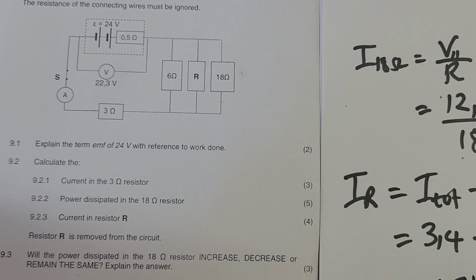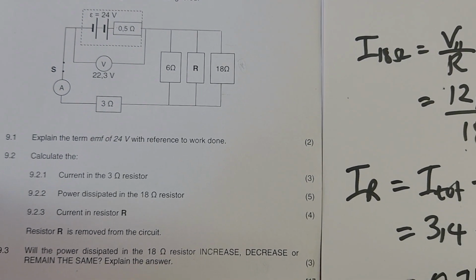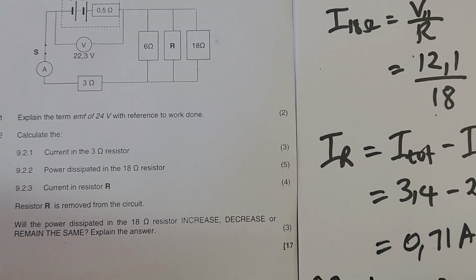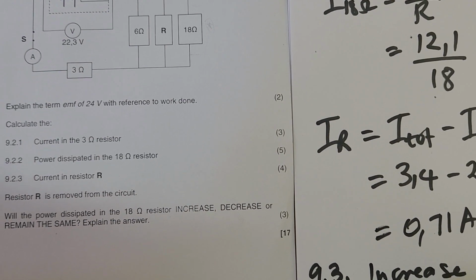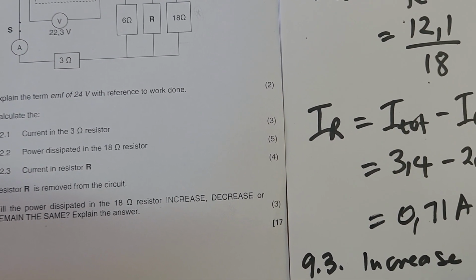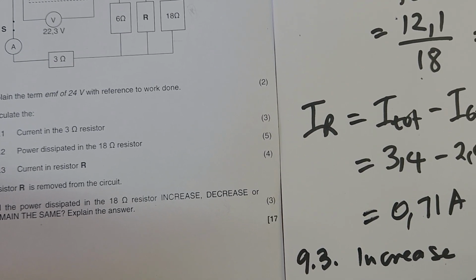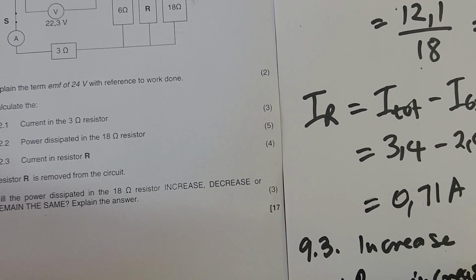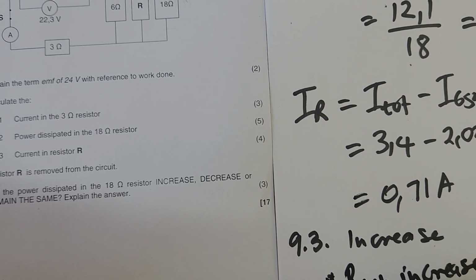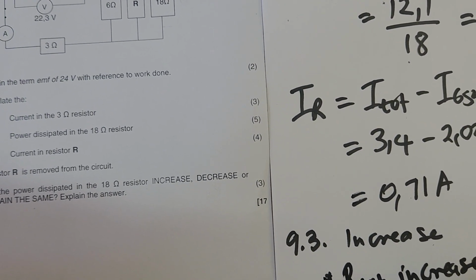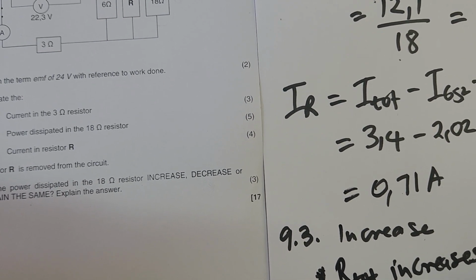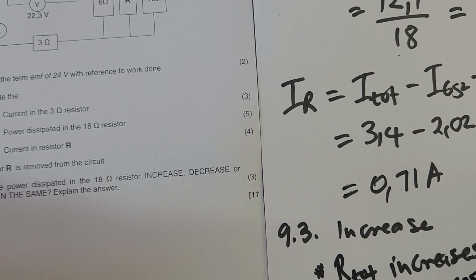The second 2 marks will be on the explanation. Then you tell the examiner that the R total of the circuit increases if you remove that. And then the second mark will be that the I total, the current total in the circuit, will decrease. Fine.